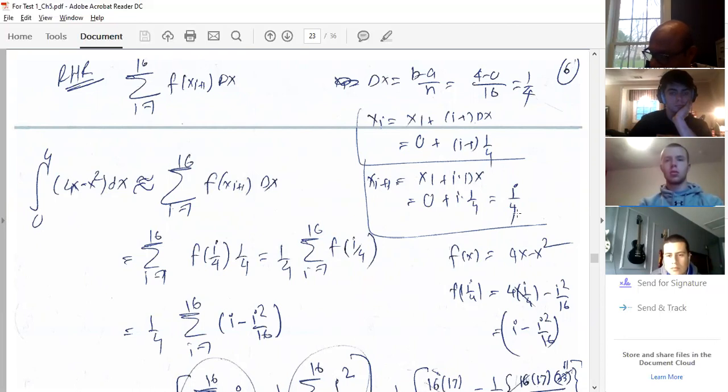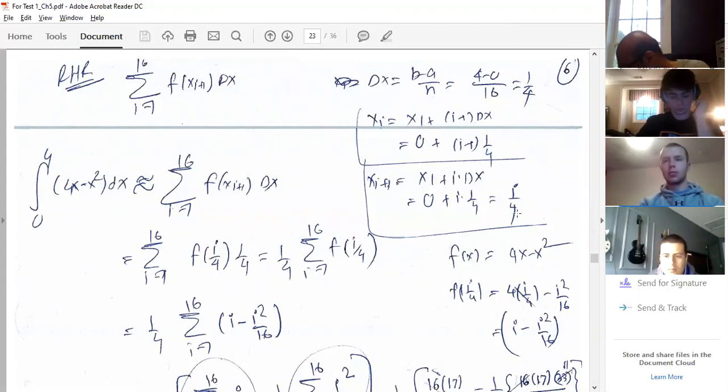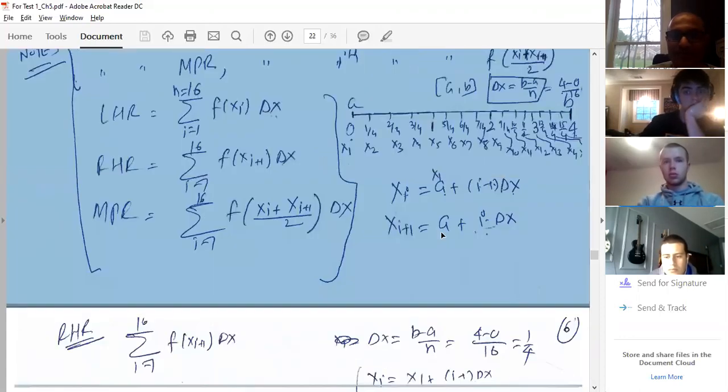Now guys, look at over here. What was my function? My function was f(x) equal to 4x minus x squared, right? This was my function. And what I'm looking for now, in the formula, I'm looking for f of xi.